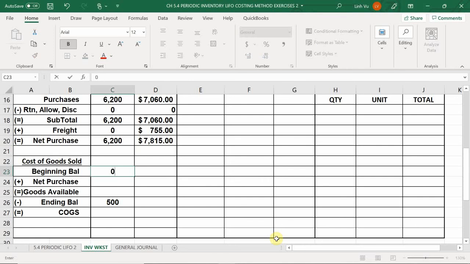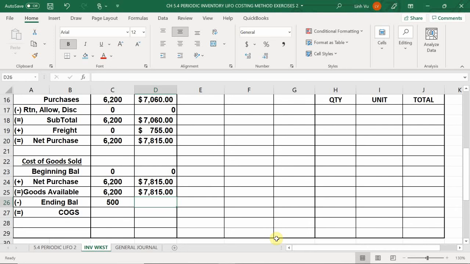Because this is an example here, we have no beginning inventory, so therefore we're going to transfer our numbers from the net purchases, which in this case, if you add 0 to this, your net purchases becomes your goods available, okay? Now, of course, we were also given that we had 500 units left on hand.